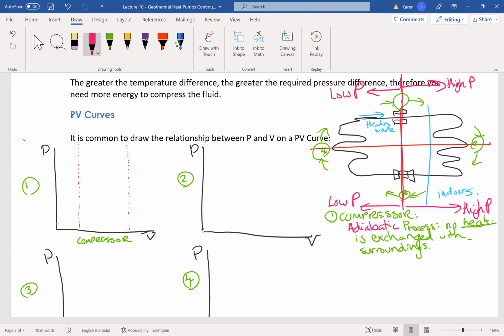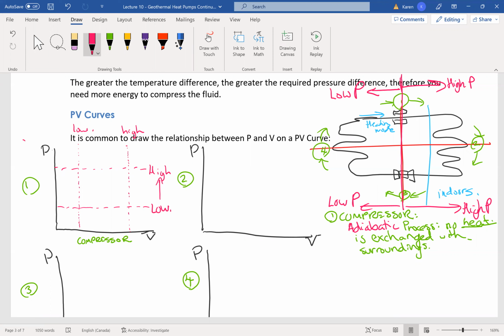So I must go from low pressure to high pressure. I must go in between these two lines. But what has happened to volume? This is high volume. This is low volume. Do I go from high to low or low to high? You go from high to low if you're increasing the pressure, right? Yeah, you're decreasing that volume. That's how you increase the pressure.